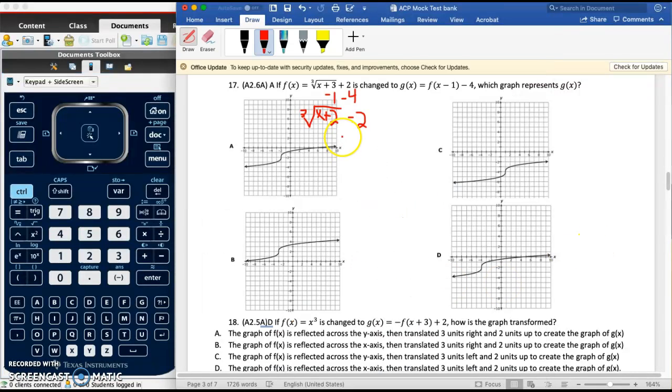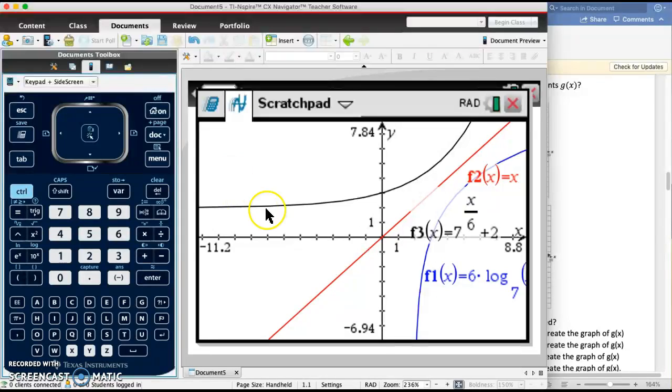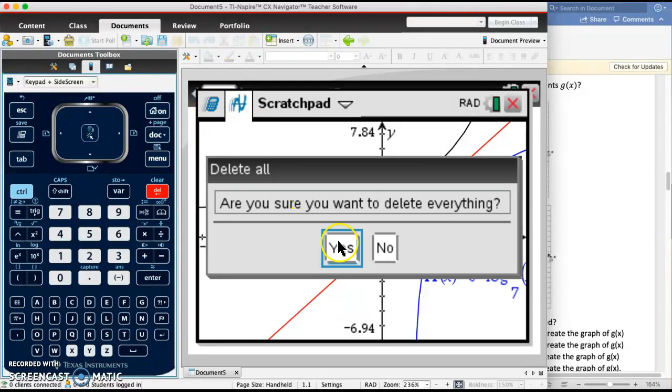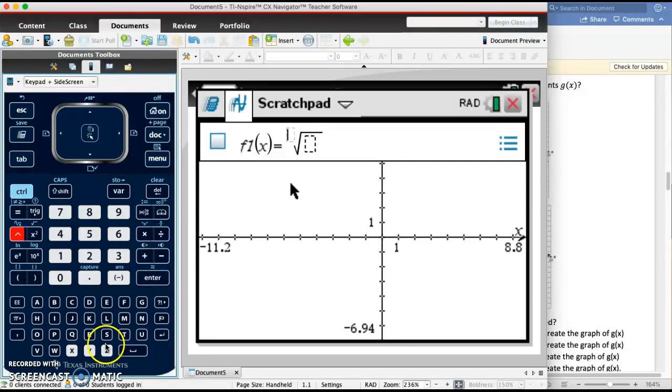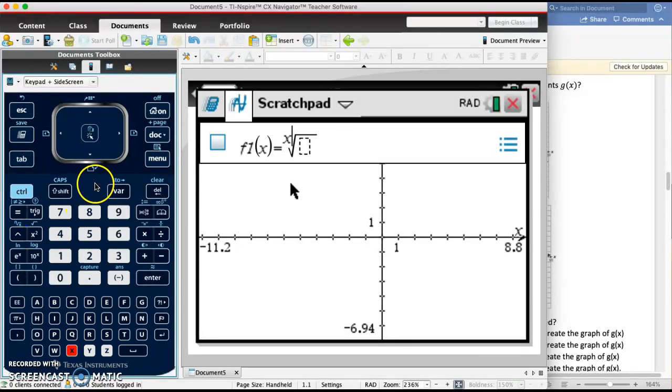So what I'm going to do from here is go over to my graph. I'm going to graph cube root of x plus 2 minus 2. So I go tab, and then control, cube root of x plus 2 minus 2.